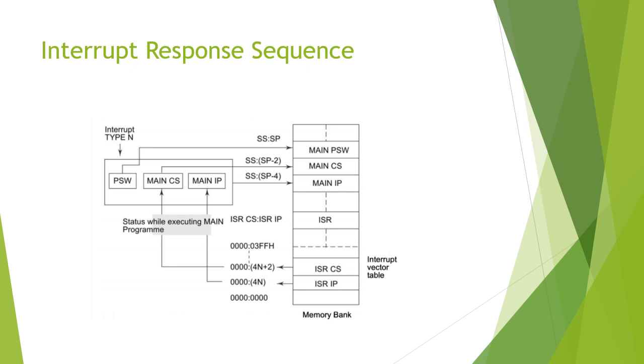Once we get that CS and IP in the code segment and IP registers respectively, you can start executing the interrupt service routine stored at that particular address. So that is the interrupt service sequence.